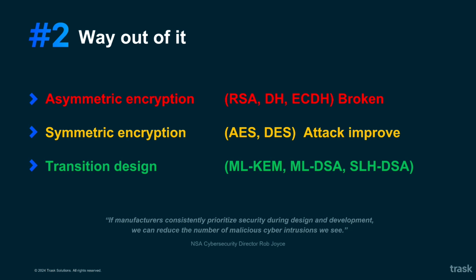There are already cipher suites which are approved or agreed on. For example, those discussed by NIST, like ML-KEM, ML-DSA, or SLH-DSA. Those are ciphers for which there is a high probability that they will be secure even after the post-quantum era, as it's called.